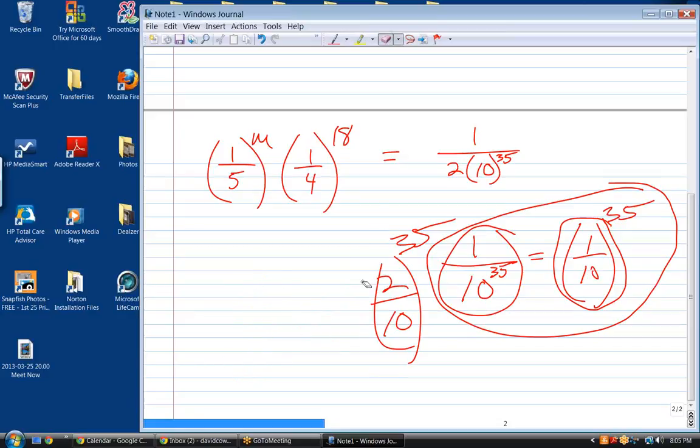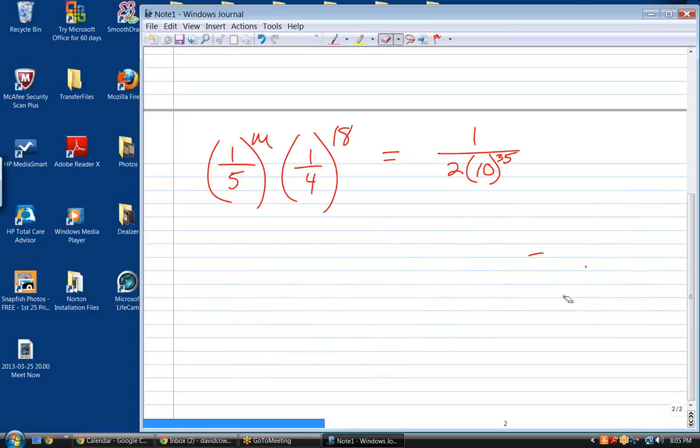So, this right side, first of all, I'm going to break it down into 1 over 2 times 1 over 10 to the 35th. And then I notice that the 10 is 2 times 5. Well, 5 is over here. So breaking that 10 up into 2 times 5 is probably going to be a useful thing to do.